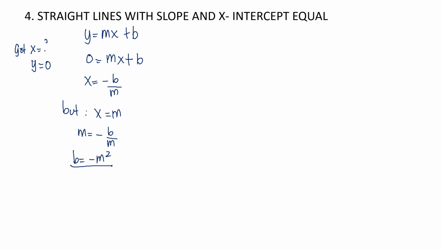So going back to our original equation, y is equals to mx plus b, and since b is negative m squared, y is equals to mx minus m squared. So we can now start our differentiation. So we now have only one arbitrary constant, which is m.